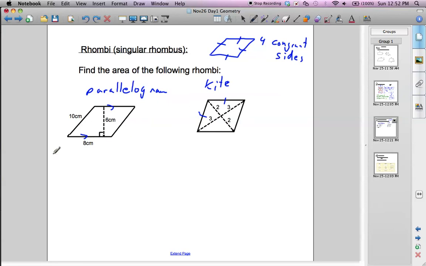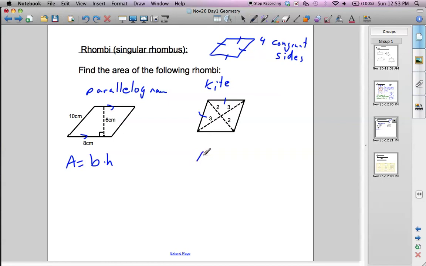information you're given. In the first rhombus, we have the base and the height of a parallelogram of the rhombus. So this would be better to use the parallelogram formula. So we're going to use the area equals base times height formula for a parallelogram. And in the following one, we don't know the height of this rhombus if you think of it as a parallelogram, but we do know the lengths of the diagonals here.